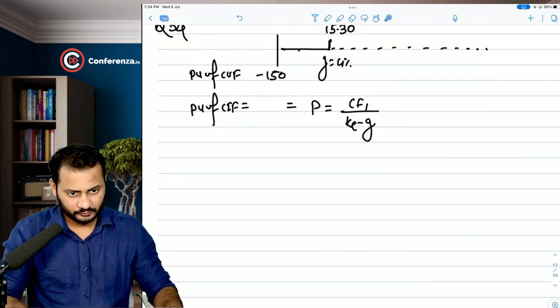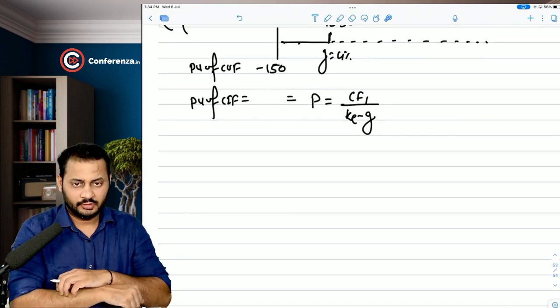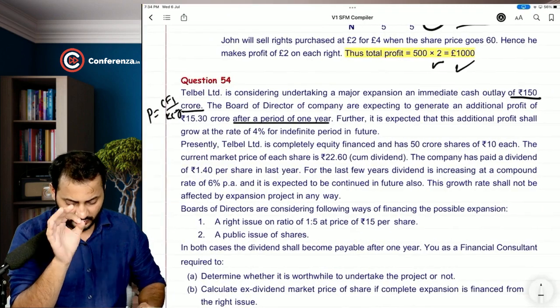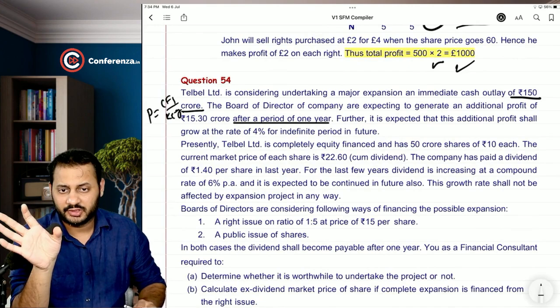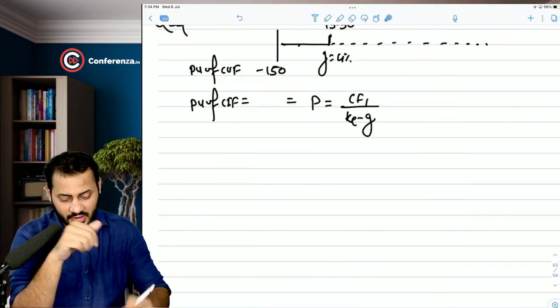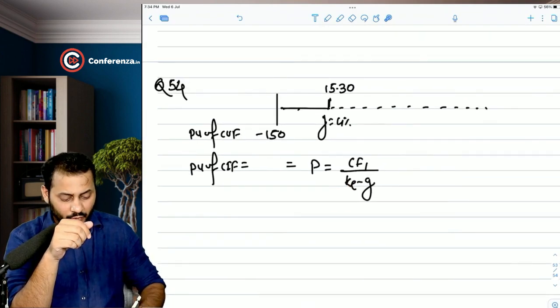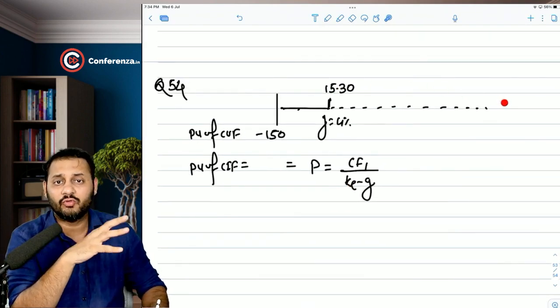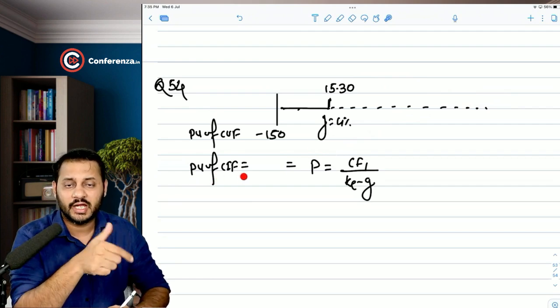Just a second. Okay. So 15.30 crore includes the growth. 4% is the growth rate. The only thing which is not given here is the cost of equity. With the help of this particular formula, we will be able to calculate the present value of all the future cash flows, which will be called present value of cash inflow.